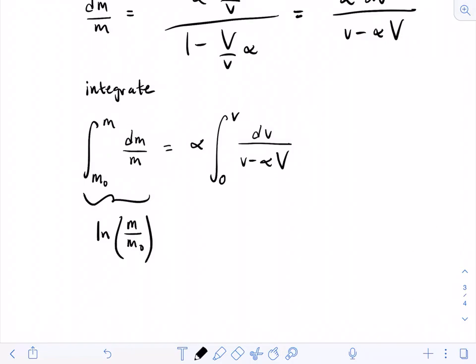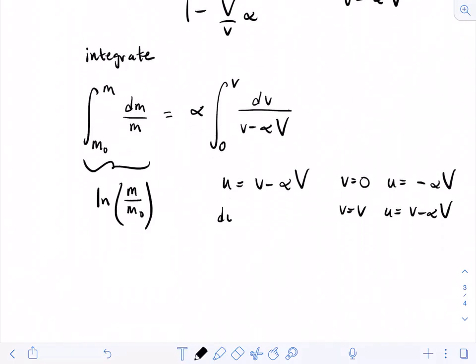Over here, we might make a change of variables. Let u be equal to v minus alpha times big V, so that when little v is equal to 0, u is equal to minus alpha times big V. When v is equal to some final speed after we burnt some fuel off, then u is equal to v minus alpha V. du is equal to dv, since alpha is a constant.